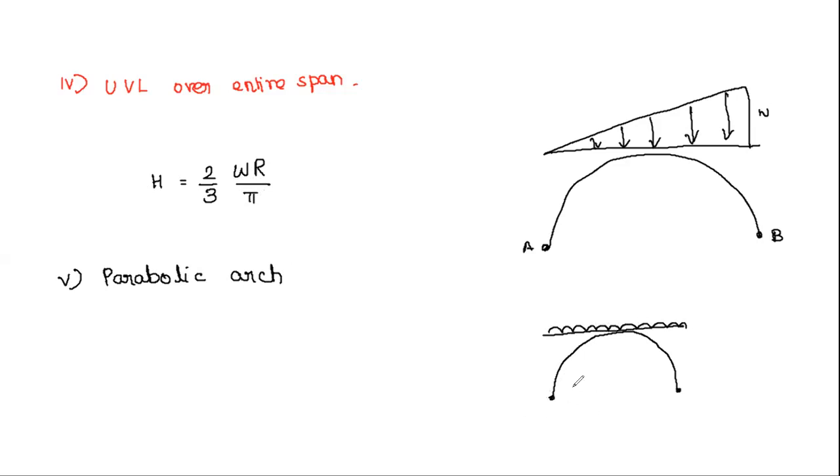Then the value for horizontal thrust H is equal to WL square divided by 8H.